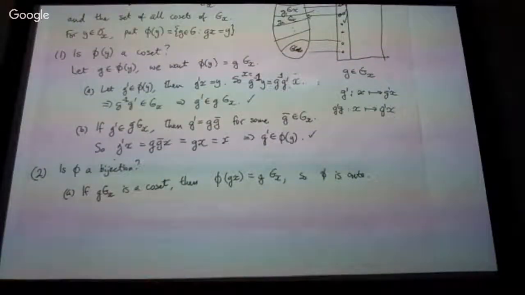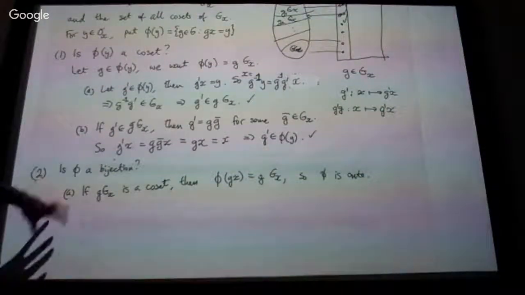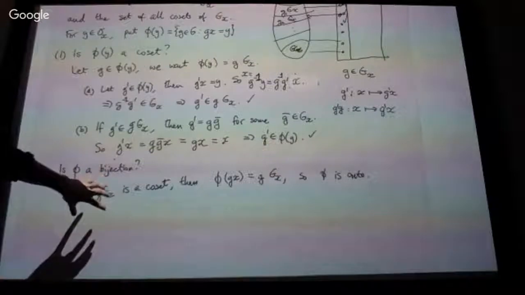So what I want to prove is that it's a bijection, which means it's injective and surjective. Surjective means I want to show that every coset you get as an image.